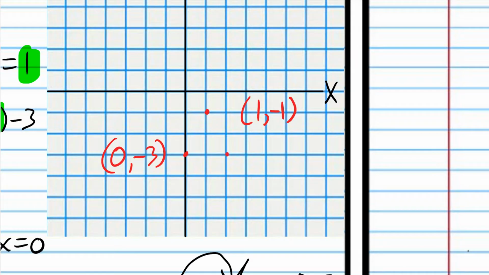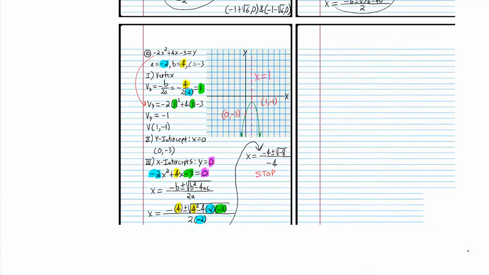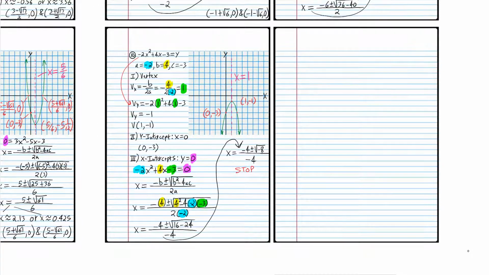So we're going to use a reference point here and connect the dots. So if you got that graph, good job. Let's draw the line of symmetry and write the equation of the line of symmetry, which is x equals 1. So that was the class today.